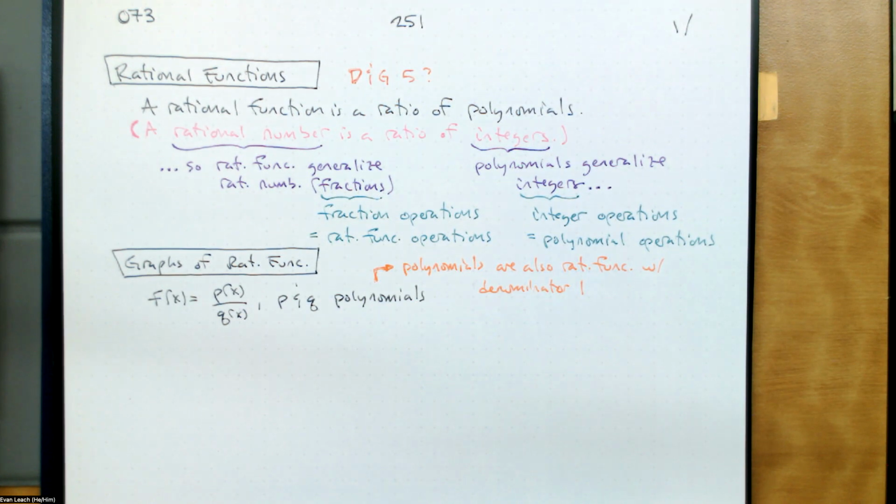The zeros of the denominator are not included in the domain of f. So the domain of f excludes any zeros from the denominator.